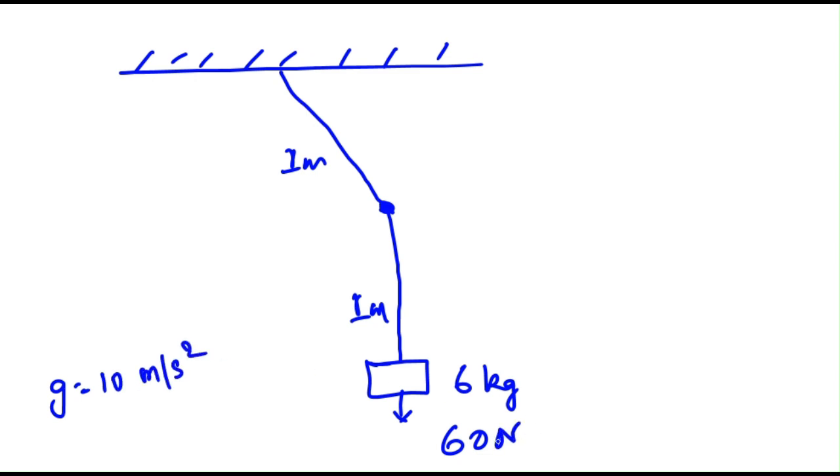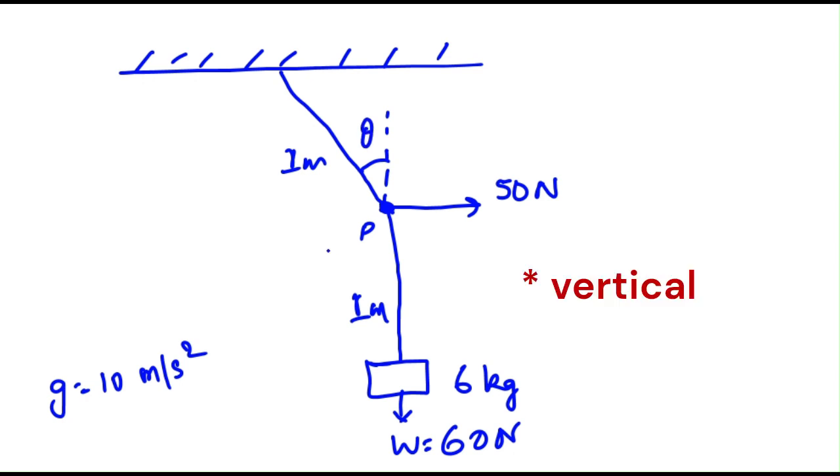And as mentioned, there is a force of 50 Newton which is horizontal. Let's say this point is point P. Now we have to calculate this angle, the angle with the vertical.